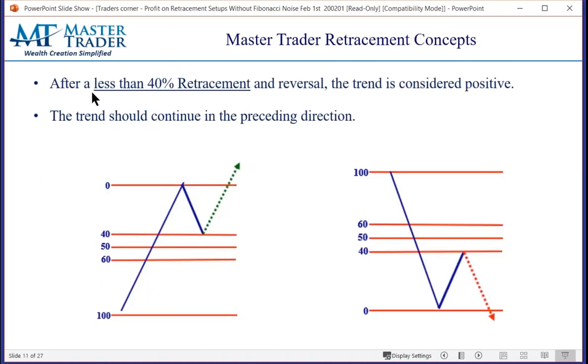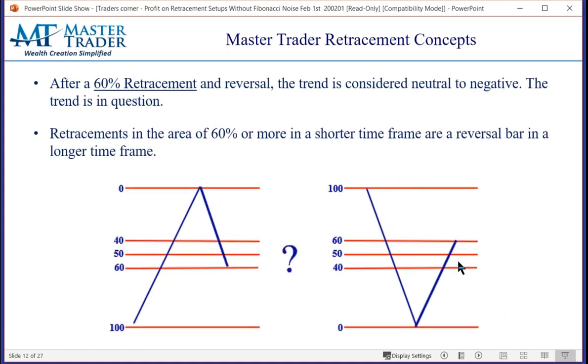Now, after less than 40% retracement, so I have an uptrend here, just eyeball it, 40, 50, 60, 0 to 100. If it reverses at 40%, that means the prior trend is positive and the trend should continue. And then the same on the downside, the retracement in a downtrend.